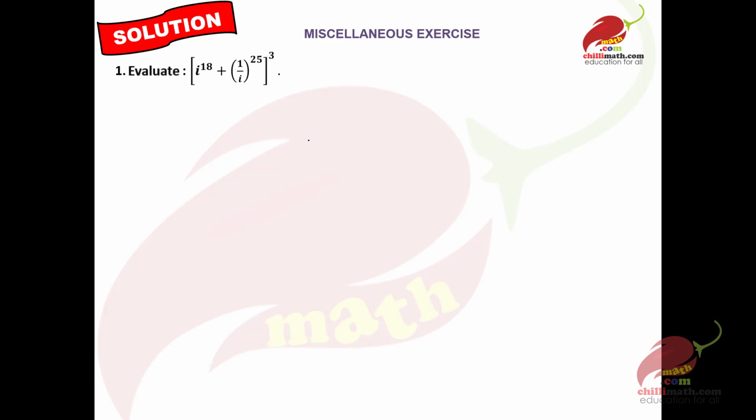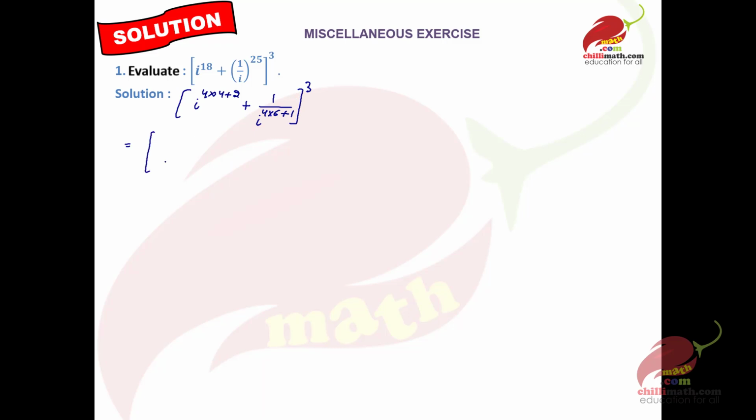Here the first question is, evaluate (i^18 + 1/i^25) whole cube, which we can solve by writing this as i^(4×4+2) plus 1 over i^25, which we can write as i^(4×6+1), and its whole cube.